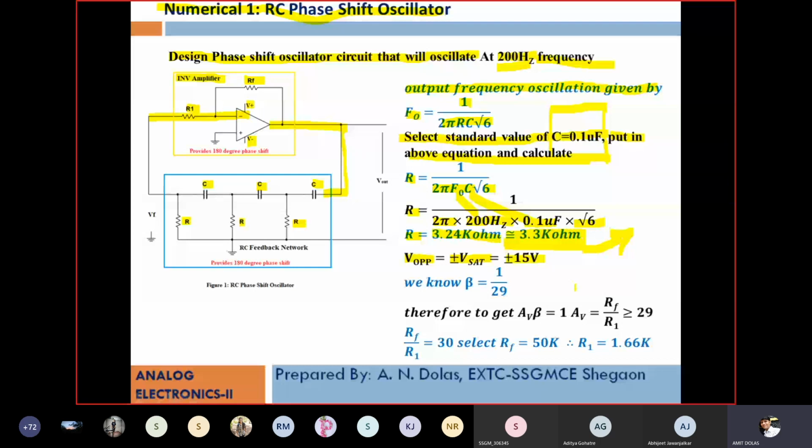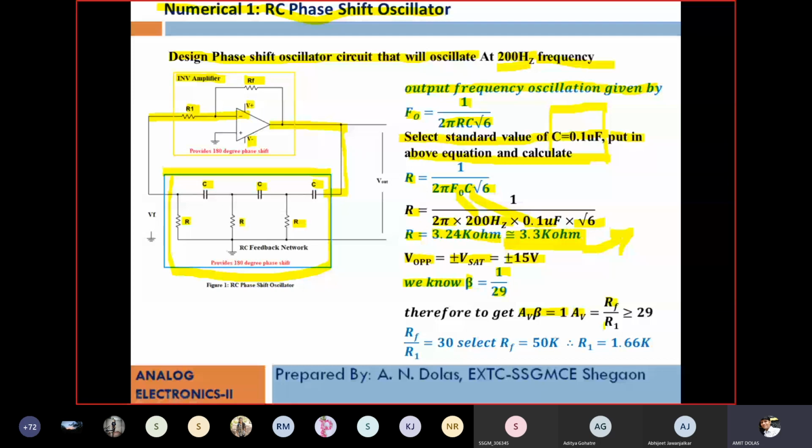Then we know the beta factor for the feedback network, this is the feedback network that you know, is 1 by 29. So I will choose the values of RF and R1 in such a way that A V beta becomes 1. So AV, which is RF by R1, should be slightly greater than 29.